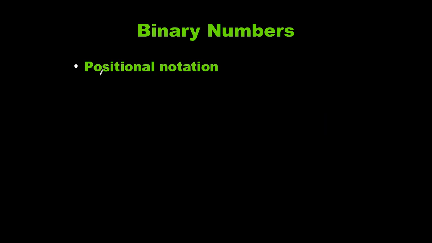Now, binary numbering, we have what's called the positional notation. And what do I mean by positional notation? Let's say I have 920 in our numbering system, which is base 10. According to the positional notation, this 0 equals what? 0 multiplied by 10 to the power 0, which gives me 0.